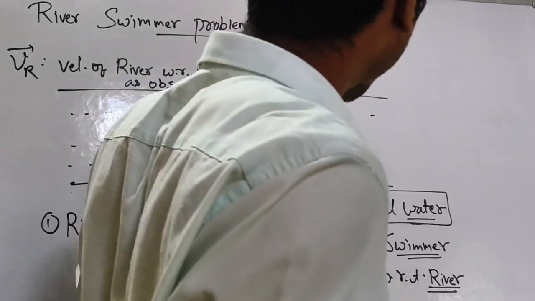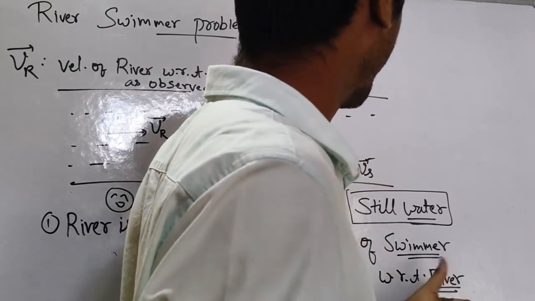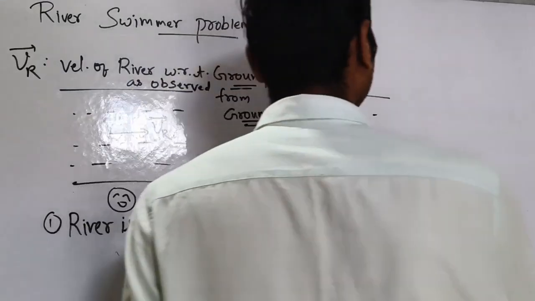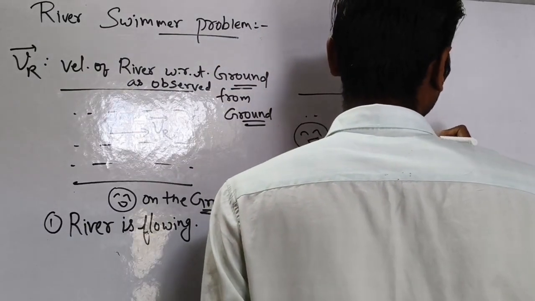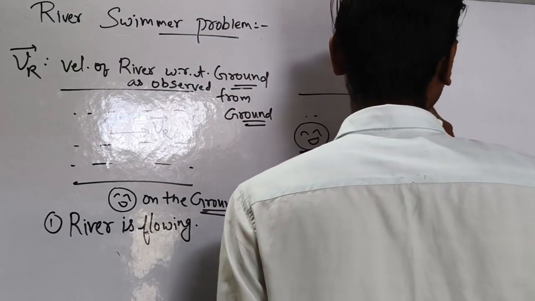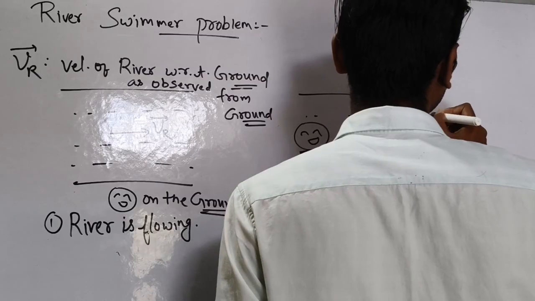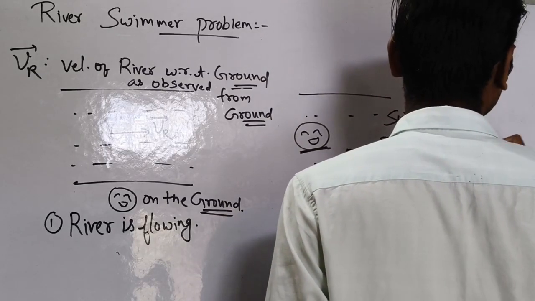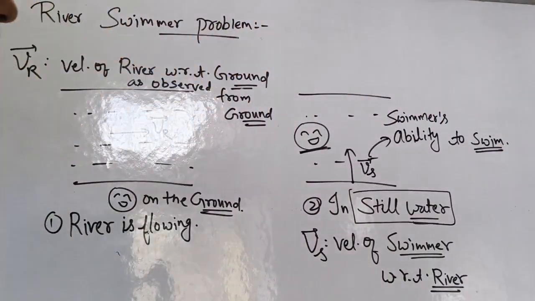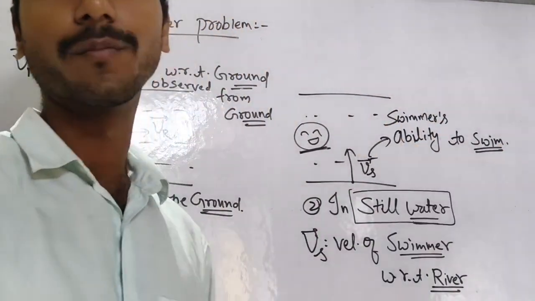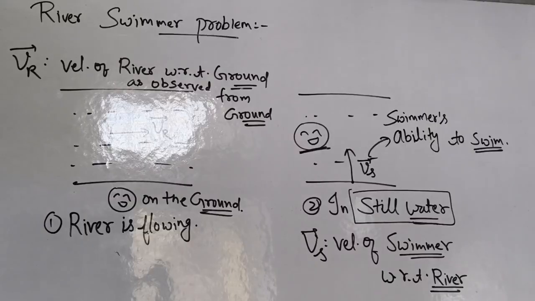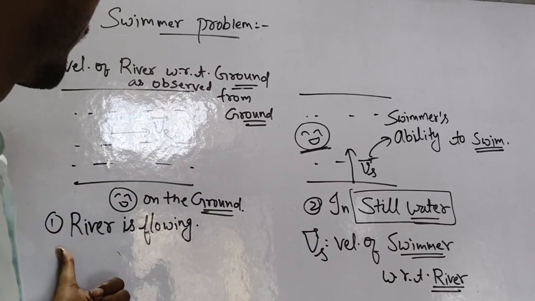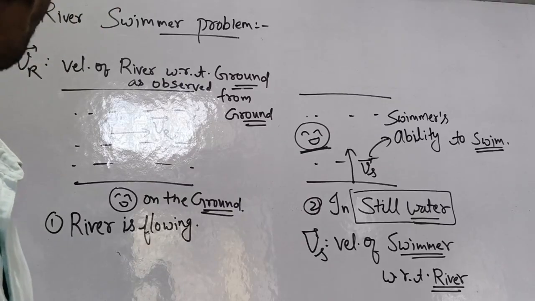In still water, Vs is the velocity of the swimmer with respect to the river, or we can say this is the swimmer's ability to swim. I hope you got it. Now, what will happen when both conditions occur together? The river is flowing and the swimmer is swimming.